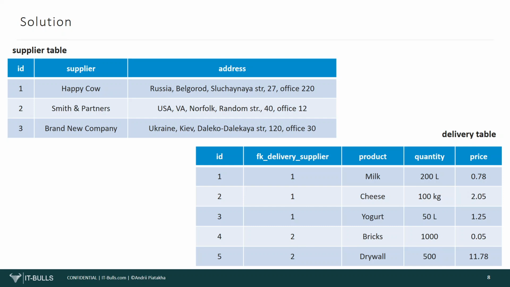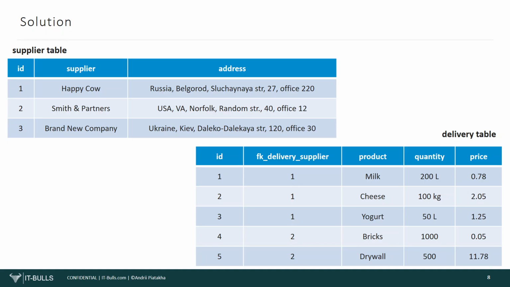We do this in one place, and the reference to the supplier is still the same in the delivery table. In case we want to remove information about a delivery, but don't want to remove information about the supplier, we just do so. We can delete tuples from the delivery table without losing data from the supplier table.